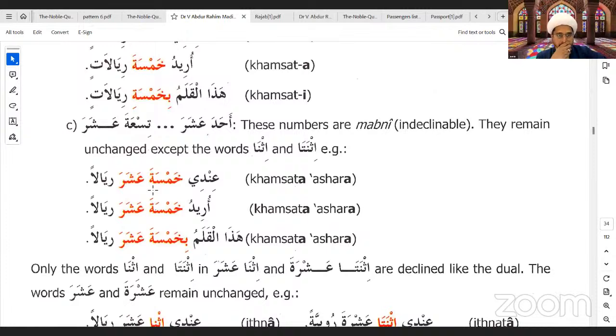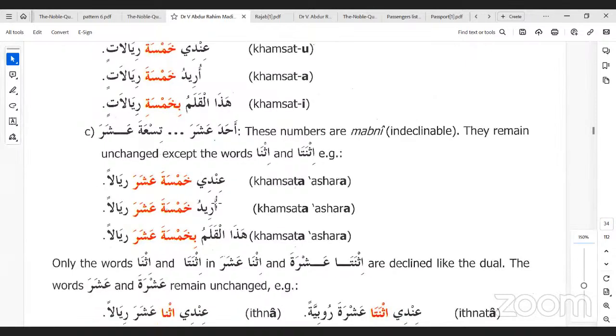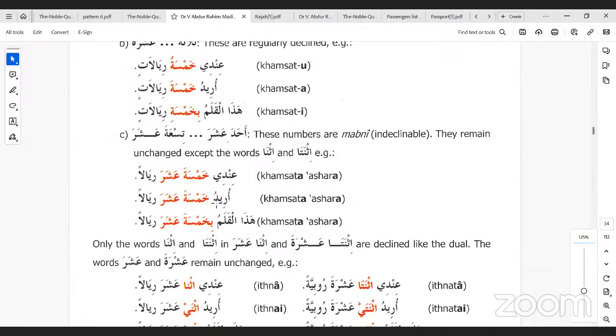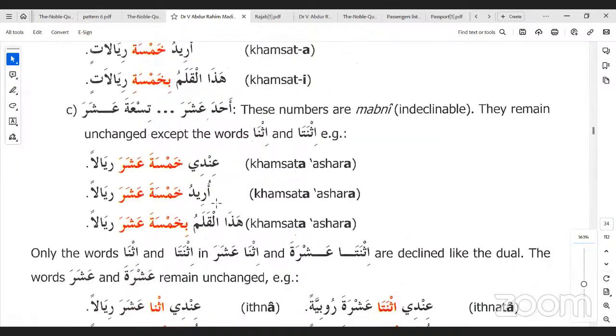Go ahead. Okay. Ahada ashra, tesata ashra. These numbers are mabni, indeclinable. They remain unchanged except the word isna and isnata. Indi khamsata ashra rialan, I have $5.